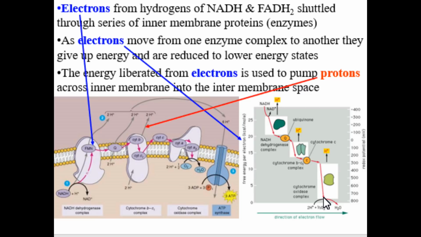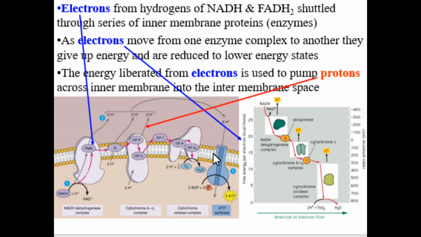So the electrons are giving up a little bit of energy each step of the way. That energy is used to pump protons against their concentration gradient across the mitochondrial membrane, and these protons build up in concentration in the space between the two mitochondrial membranes.